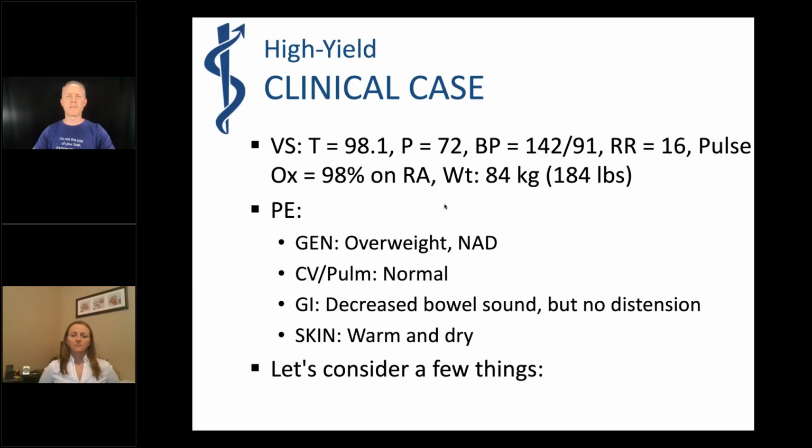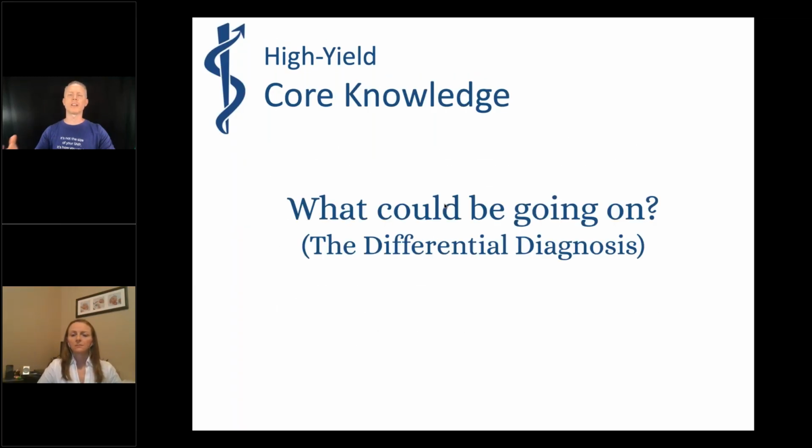So let's consider a few things, okay? What could be going on? We need to think about our differential diagnosis. Most people, and a lot of clinicians, especially early on in their training when they're less experienced, will diagnostically anchor immediately on one diagnosis, and they forget to stop and think about the other things that could also be going on.